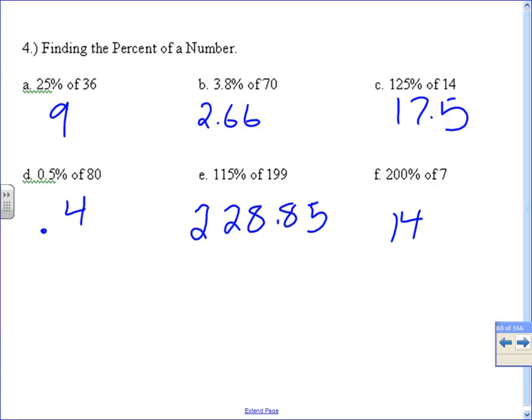Mary? For number 4E? Okay, did you set up your proportion method? Okay, but the 199 has to go on the bottom if you're doing the proportion method. So it should be x over 199 equals 115 over 100.